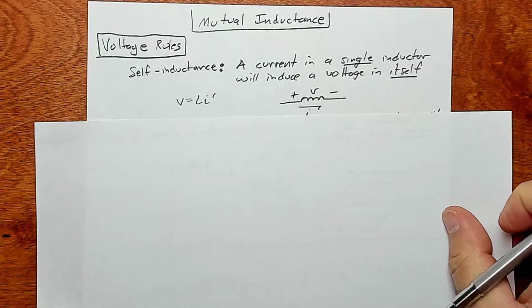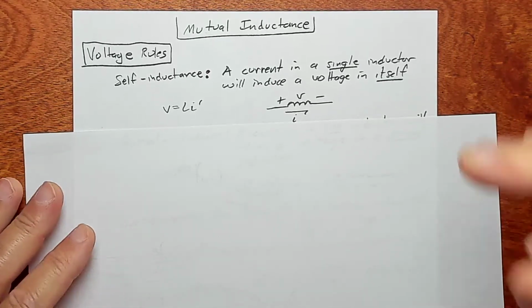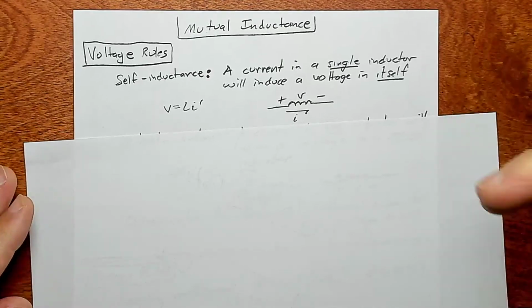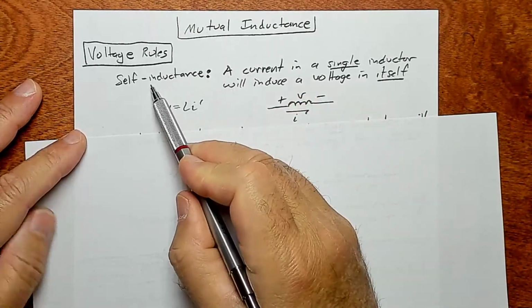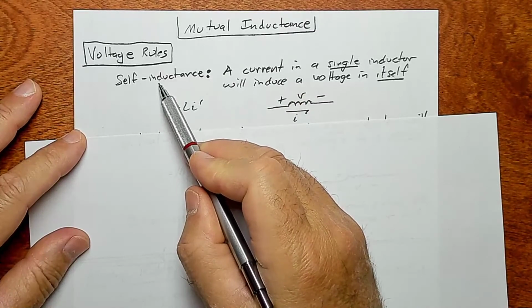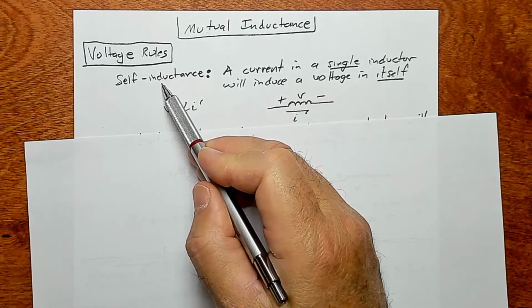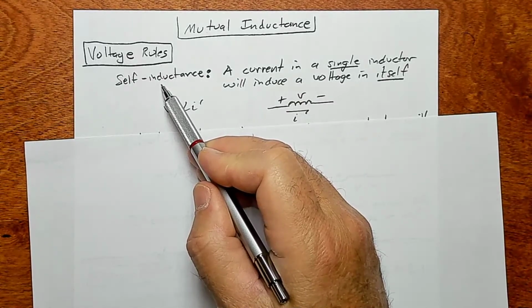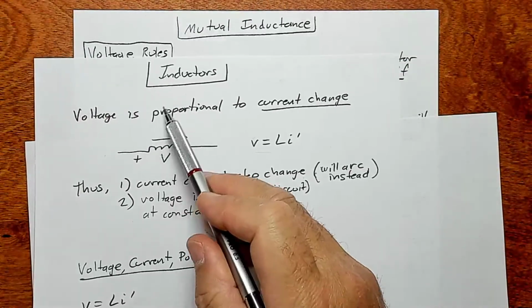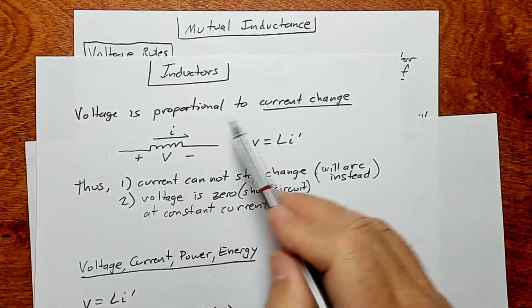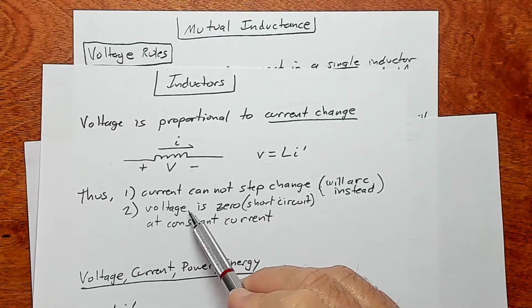So here it is. This is the model. Before we talk about mutual inductance, just as a review, we've already seen self-inductance. The self-inductance was the stuff we talked about with just the basic definition of an inductor, in the introductory material on how an inductor works.